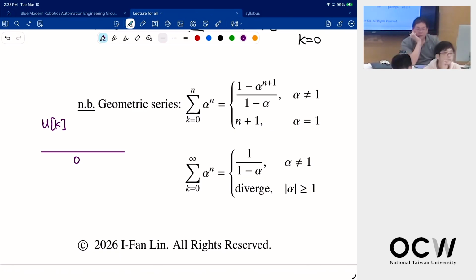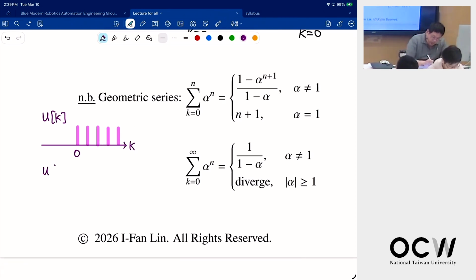U is a unit step function, right? This is the unit step function. Our domain variable right now is k.